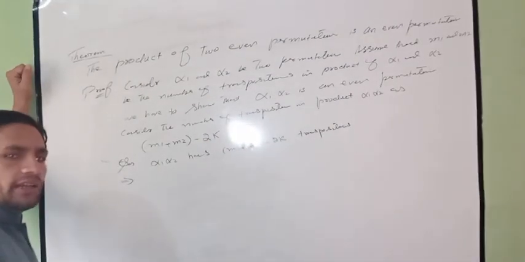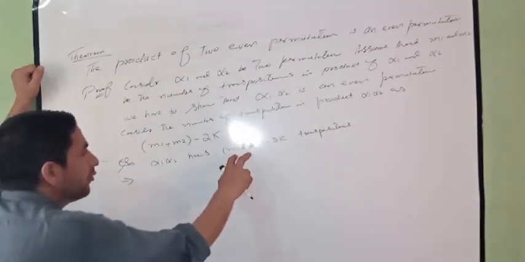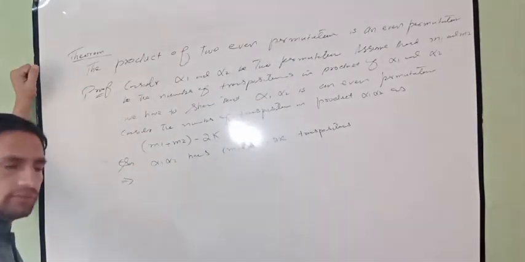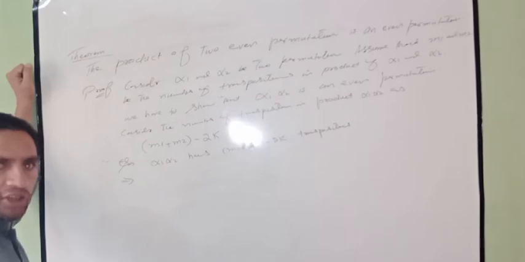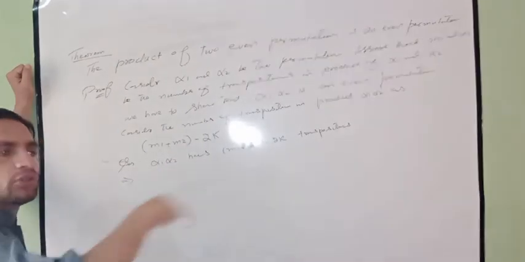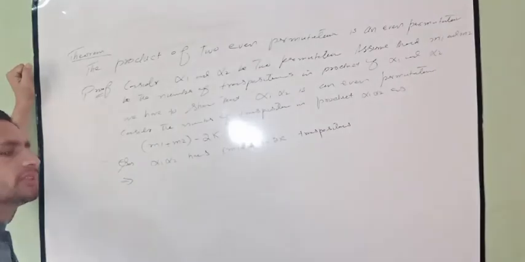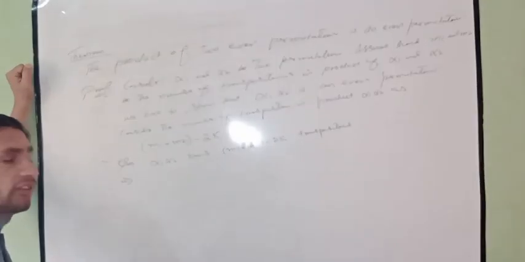That is, alpha 1 has m1 transpositions, alpha 2 has m2 transpositions, and m1 and m2 both are even, and the sum of two even numbers is always even. 2k is always an even number. It means m1 plus m2 is even and 2k is even, so the difference of two even numbers is always even. It means m1 plus m2 minus 2k is an even number.